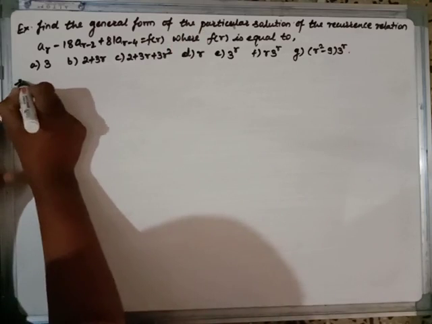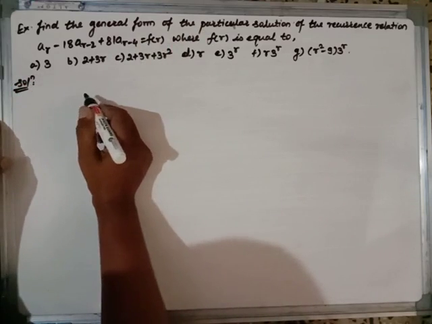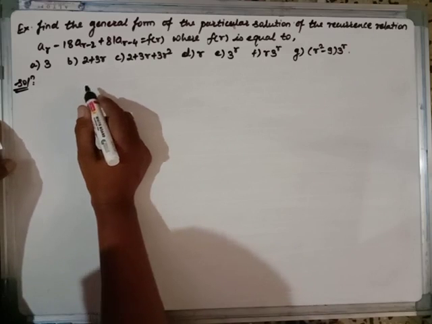Now the solution. To find the general form of particular solution, first of all we need to obtain the characteristic roots.